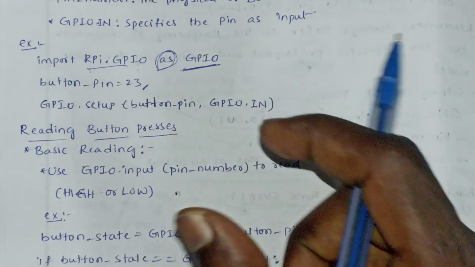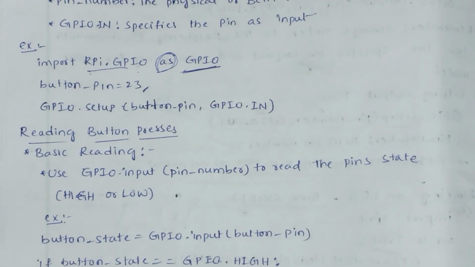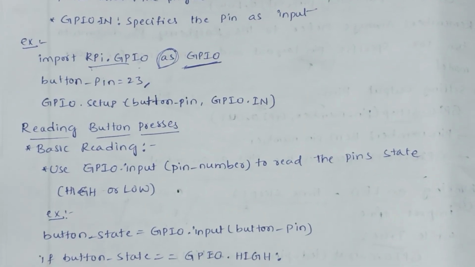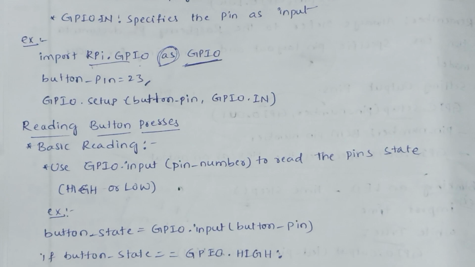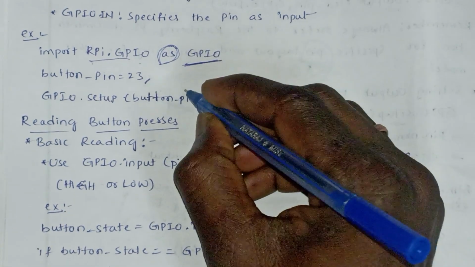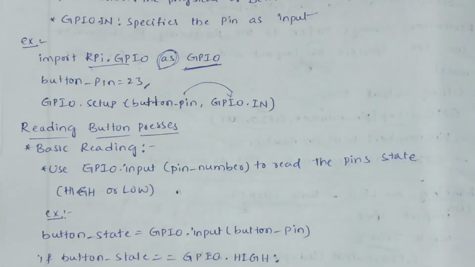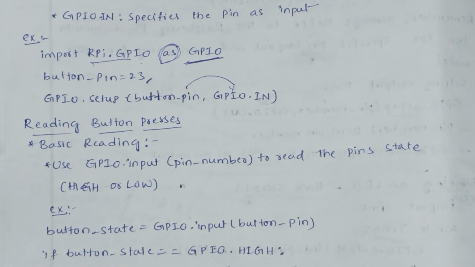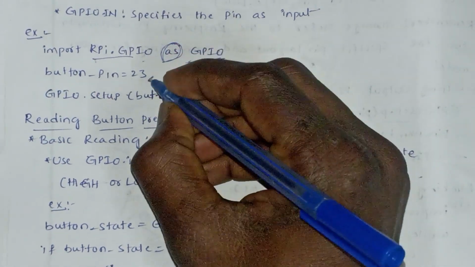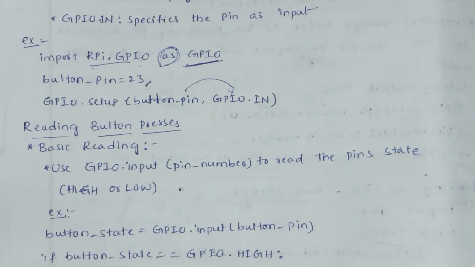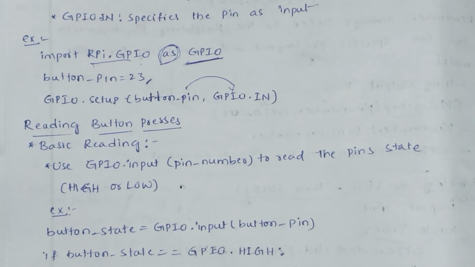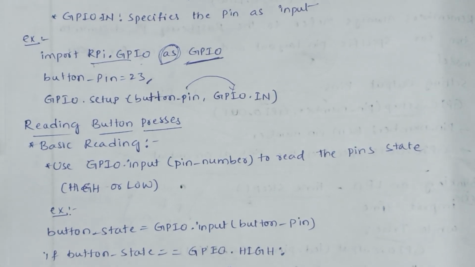This is a particular number for a particular device, that is fixed. Next, GPIO.setup(button_pin, GPIO.IN). Whatever the button pin, here we are using 23, is going to be set as GPIO.in, that is nothing but reading input.